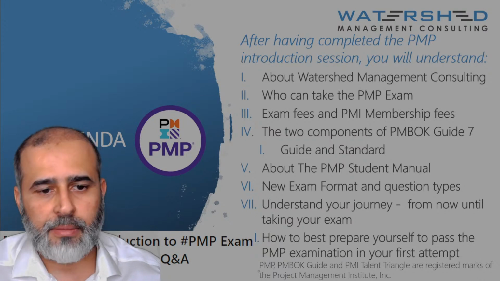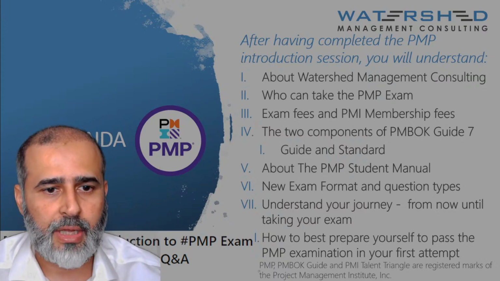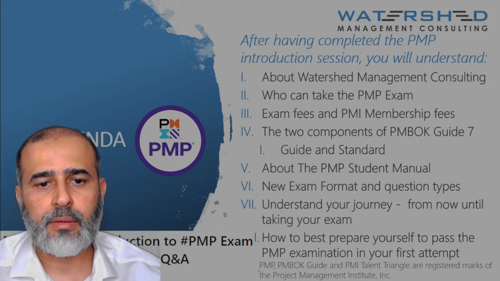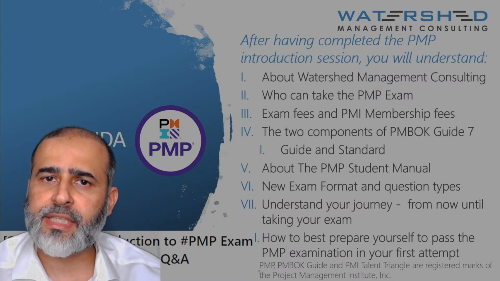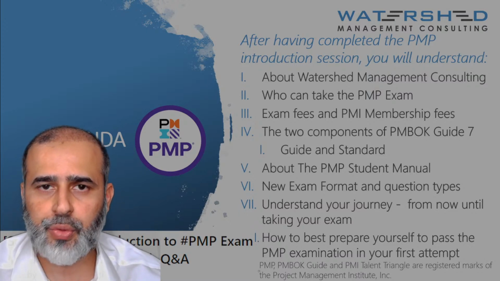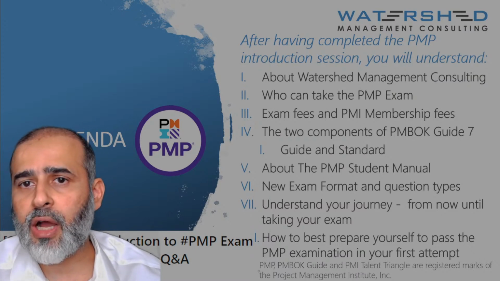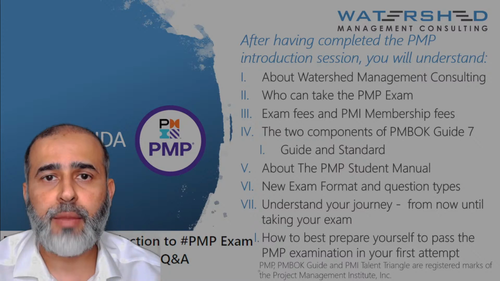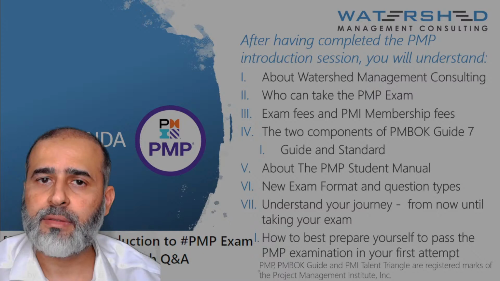So once we talk about the resources, which is all the way through item number 5 on the agenda, the PMBOK guide and the student manual, then we'll talk a little bit more about what the exam is about, what kind of questions they ask you, what should be your approach in how you read the questions, how you analyze your questions, and more importantly, how you start filtering and analyzing the answers.